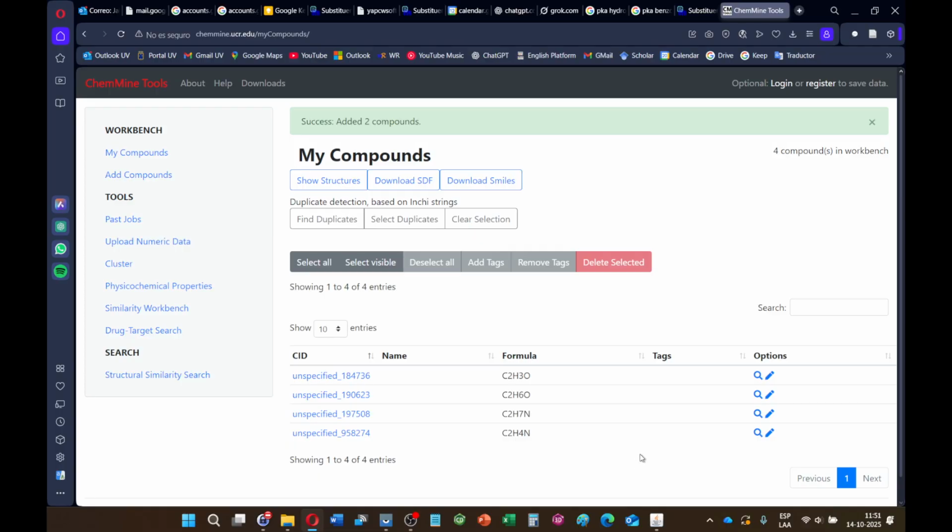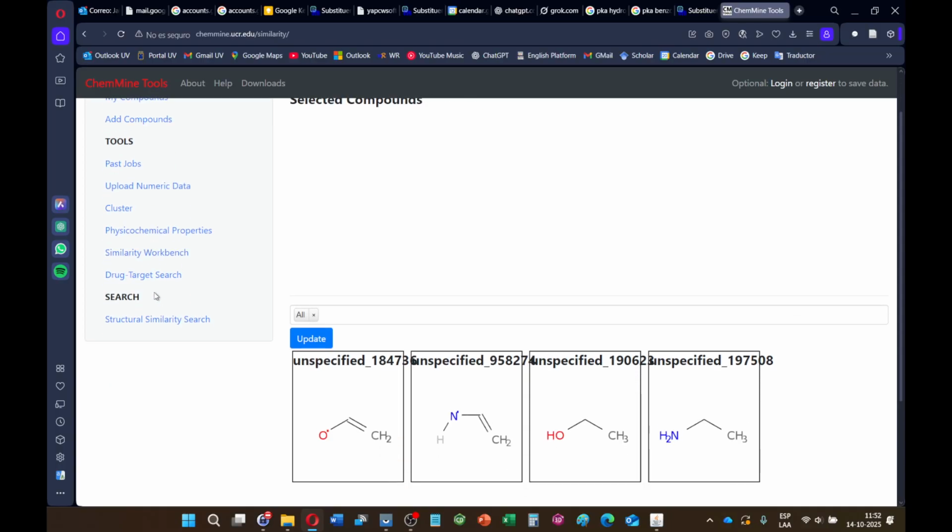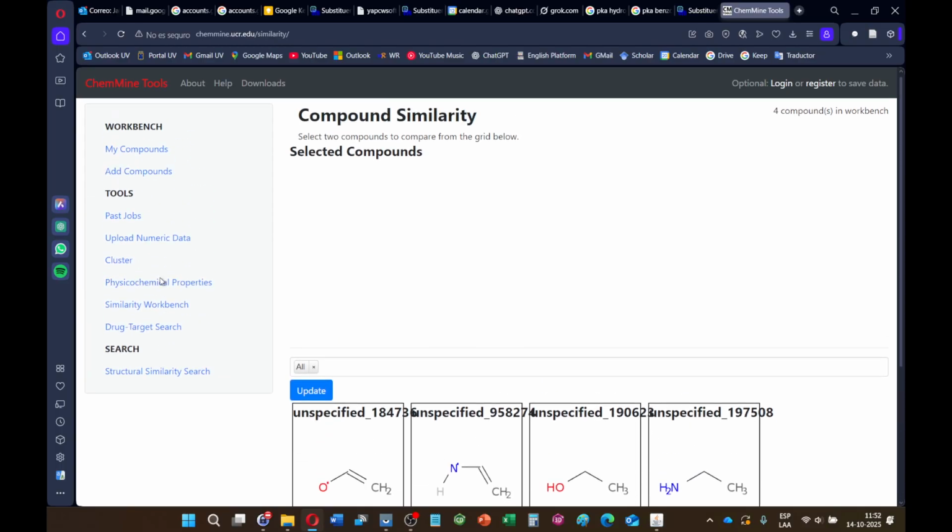What we need now is that they calculate the similarity. There we already have the compounds added. And then it says, select.